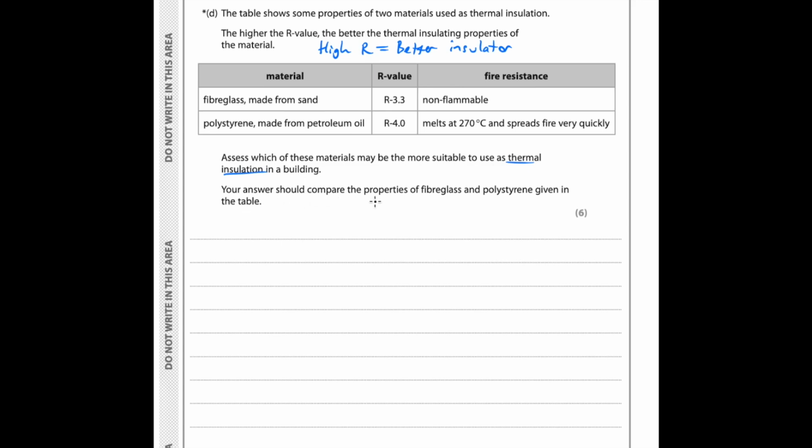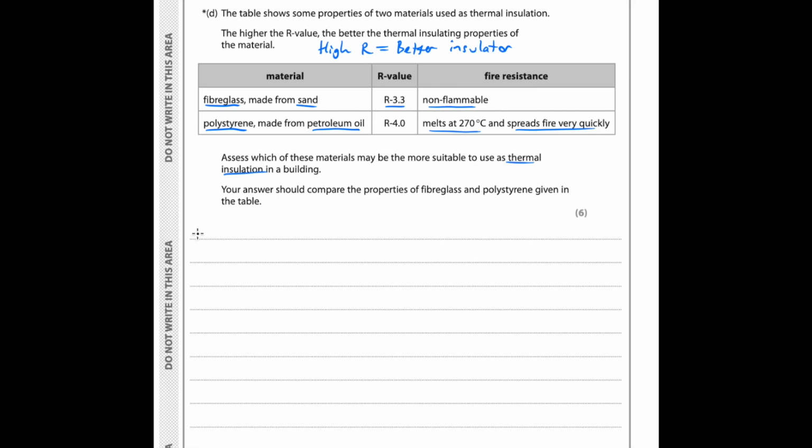Your answer should compare the properties of fiberglass and polystyrene given in the table. Right, so we've got fiberglass. It says it's made from sand. We've got the R value, which is lower than polystyrene's R value, which is made from petrol. The fiberglass is non-flammable, so that's good, whereas the polystyrene melts at 270 degrees C and spreads fire very quickly.